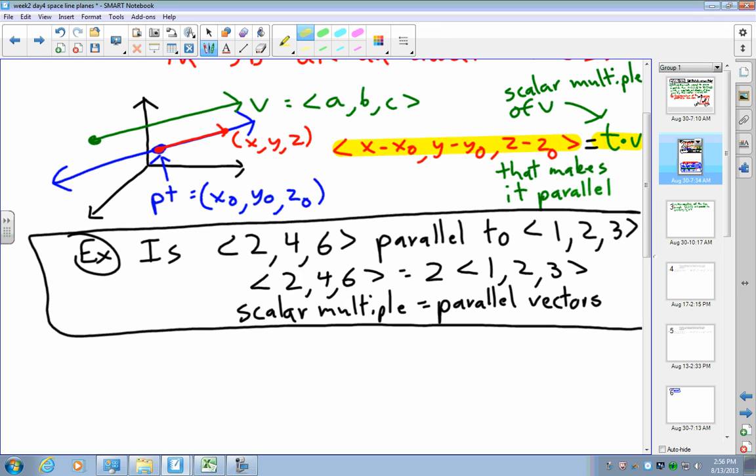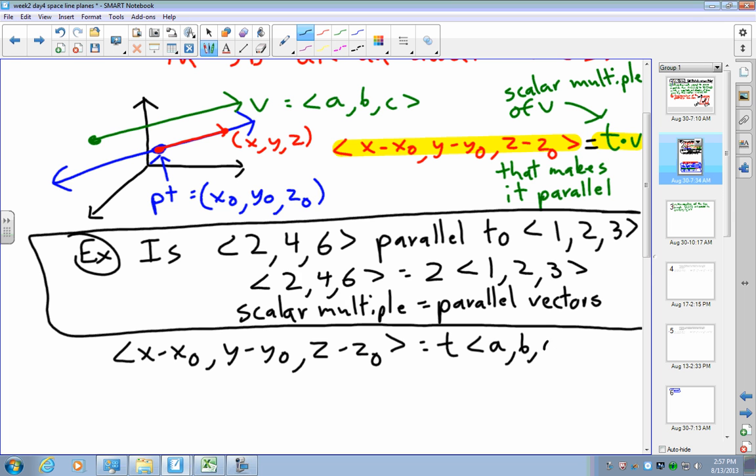So if I want to expand on that, then I can say that x minus x naught, y minus y naught, z minus z naught needs to be the equivalent of t times, instead of just the vector v, let's put it in its components, a, b, c.